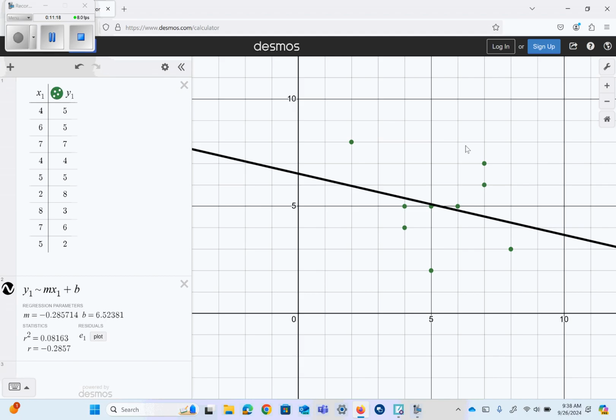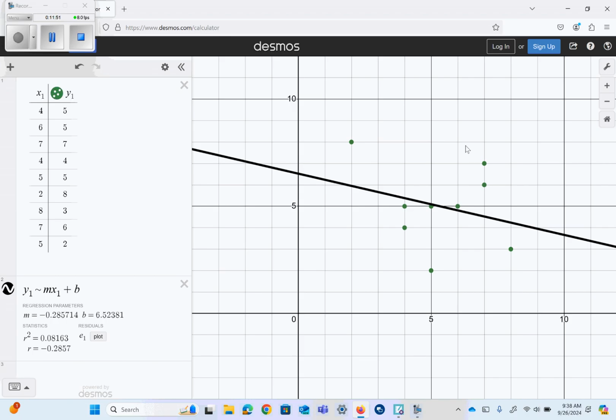And if this was something that you truly felt there was some sort of relationship between X and Y, well, we have basically 10 pieces of data that we plugged in. If you truly think that this is something more, get more data. Get more data that fits with it, okay? But yeah, this is what the calculator is doing, figuring out that R value and then determining if it's positive or negative.